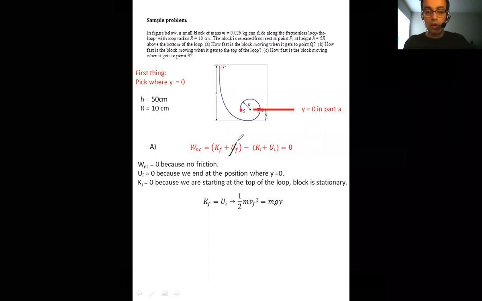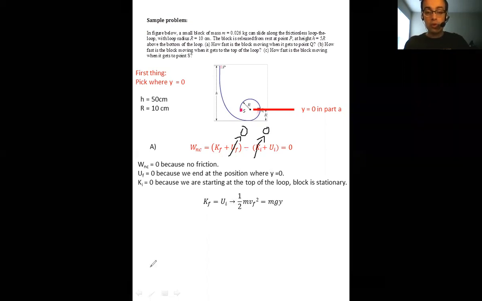We know that U final is equal to 0. We know that K initial is equal to 0. And we know that 0 is equal to K final minus U initial, which then allows us to say that K final is equal to U initial. And so when we make our substitutions, we see that 1/2 m v final squared equals m g y.